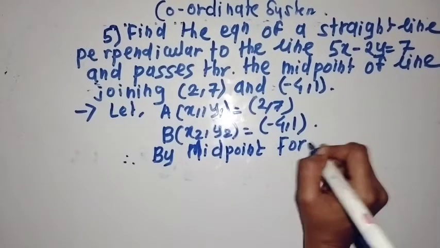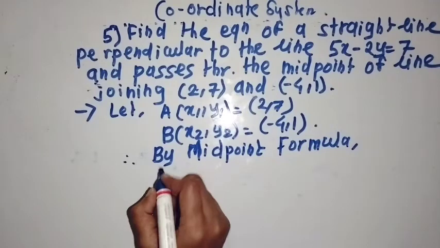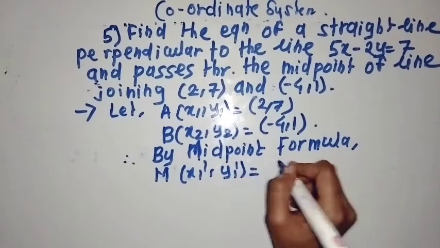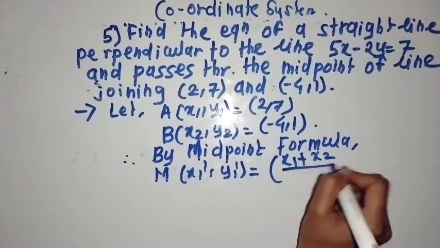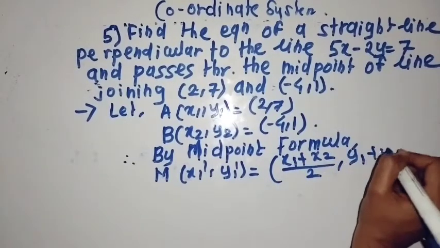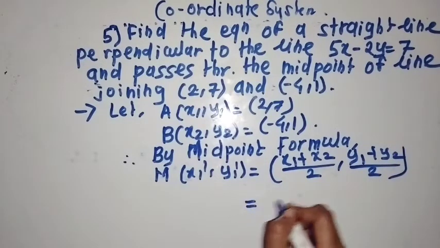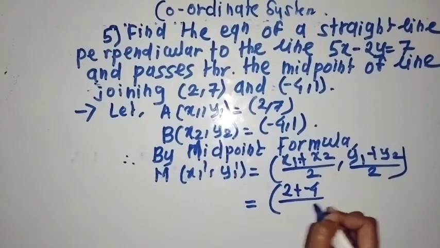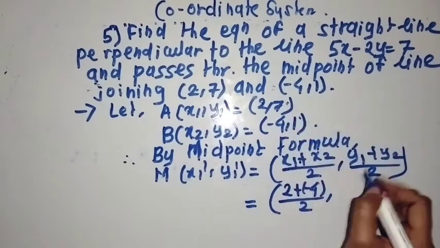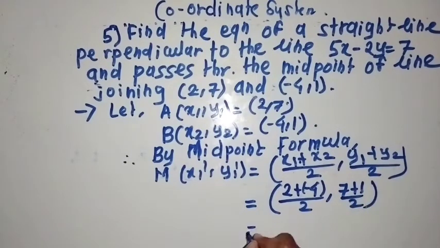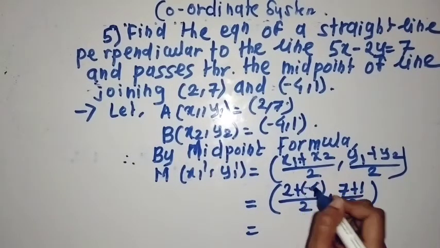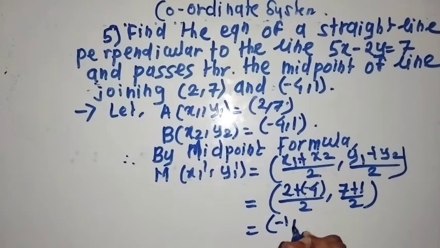M(x1 dash, y1 dash) is equal to (x1 plus x2 upon 2, y1 plus y2 upon 2), that is, (2 plus minus 4 upon 2, 7 plus 1 upon 2). 2 plus minus 4 is minus 2, upon 2 is minus 1, and 7 plus 1 is 8, 8 upon 2 is 4.